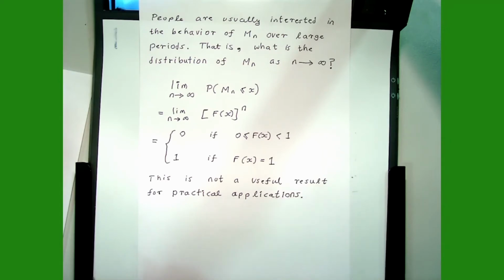This is not a very useful result for practical applications, because you have a limiting distribution that takes only two possible values, 0 or 1. So the question is, how can you find a limiting distribution that is practically useful?